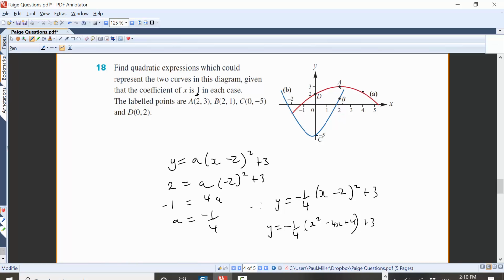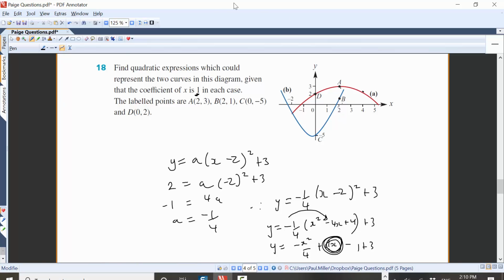Okay, and you can see here what's going to happen is that is going to multiply with that. I'll just do it. -x^2/4 + 1x, and that's going to be -1/4 of 4, which is -1, plus 3. And you can see that I get 1 as the coefficient.